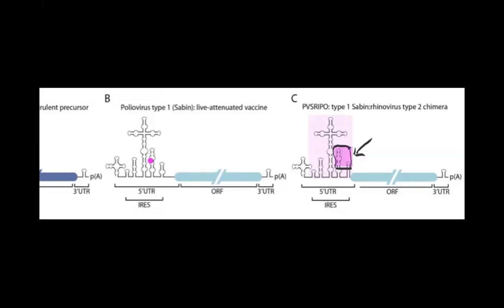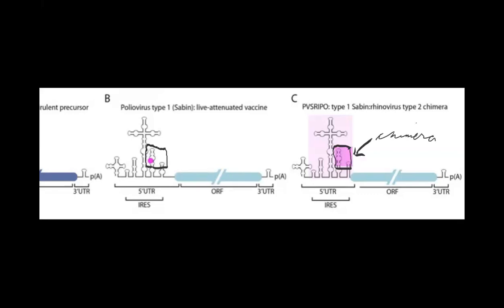is a chimera, and it's a combination of the Sabin, but also the rhinovirus. So this is a chimera, right? And it has a certain property, and I'll go into that.